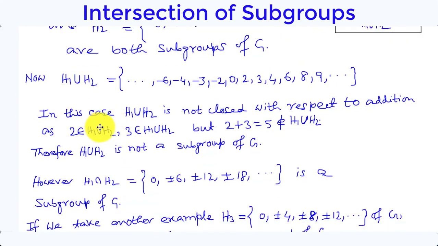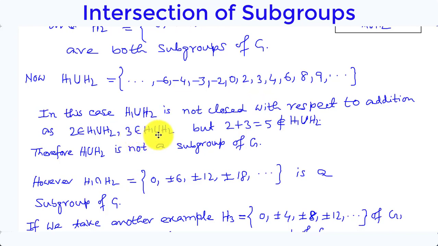In this case we see that H1 union H2 is not closed with respect to addition, as 2 belongs to H1 union H2.